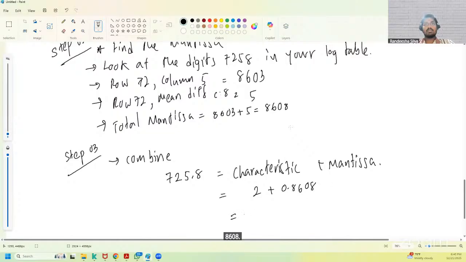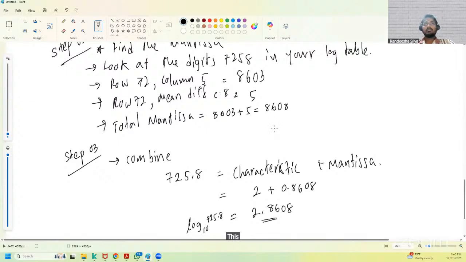Then the answer will be 2.8608. This will be the answer for log 725.8.